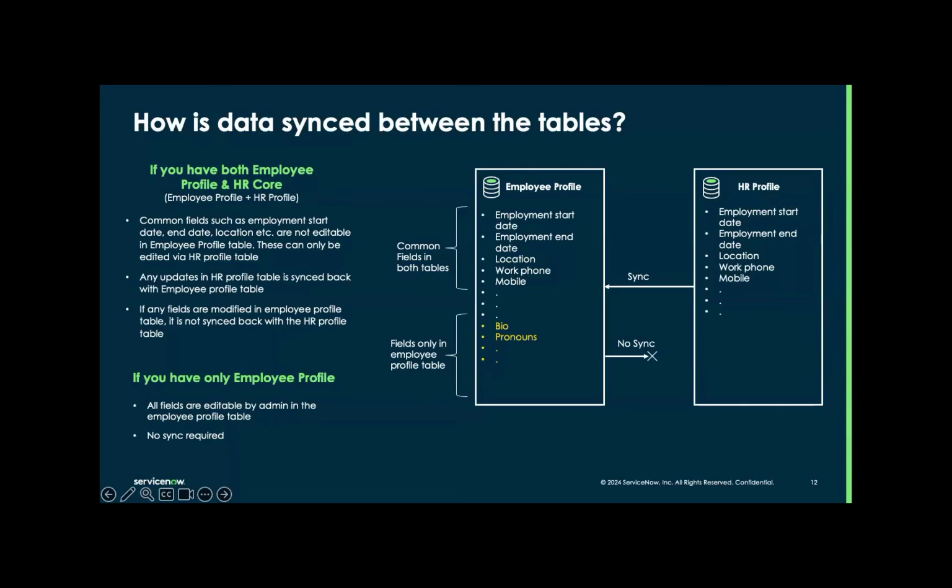All the common fields would not be editable in the employee profile table. If you need to make edits in these fields, you would be able to make the edits only via the HR profile table. Once you have made the edits in the HR profile table, we sync the data backwards from the HR profile table to employee profile. So all the modified data would be visible on the employee profile table, right?